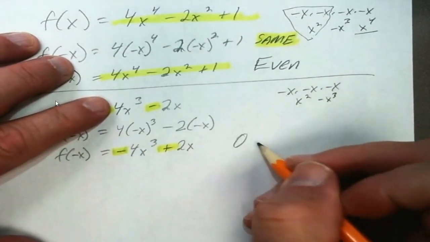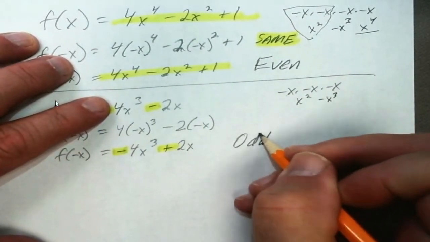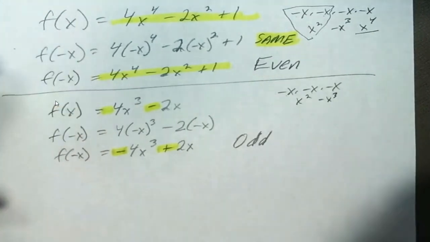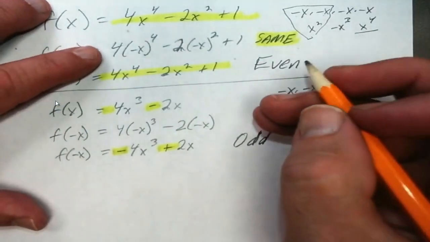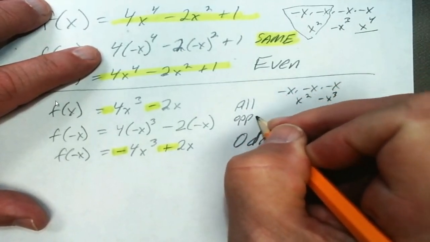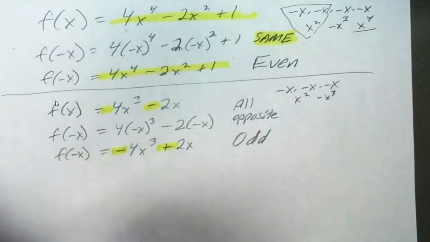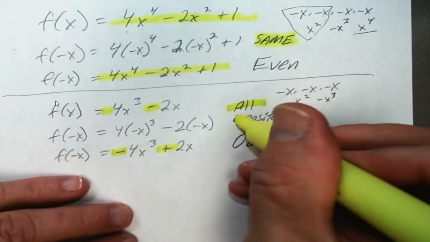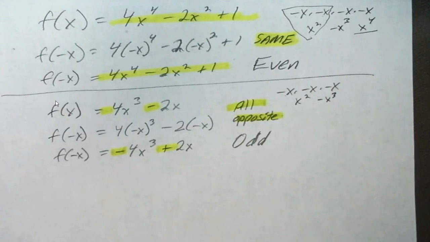This is an odd equation. I don't mean that's peculiar, just all opposite. All the signs changed. All of it's opposite.